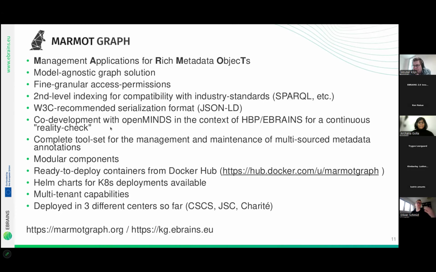Because we know that there are multiple systems out there, that there are different use cases, and we personally think that it's important to keep this data as open, not only in terms of permissions, but also in terms of accessibility in the standards case.